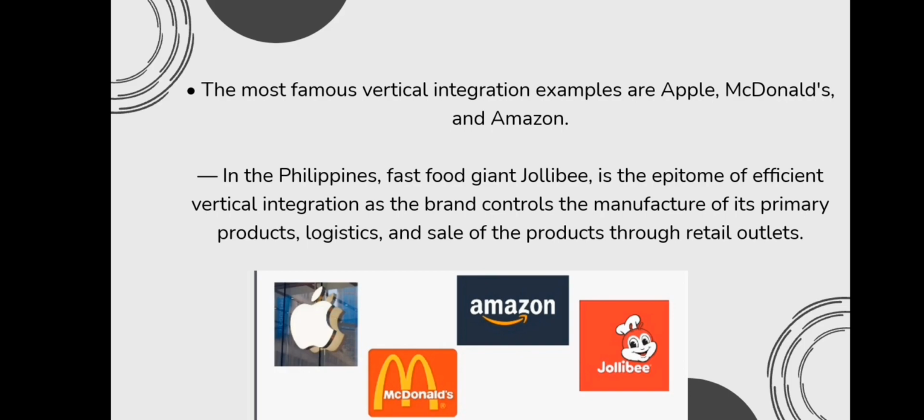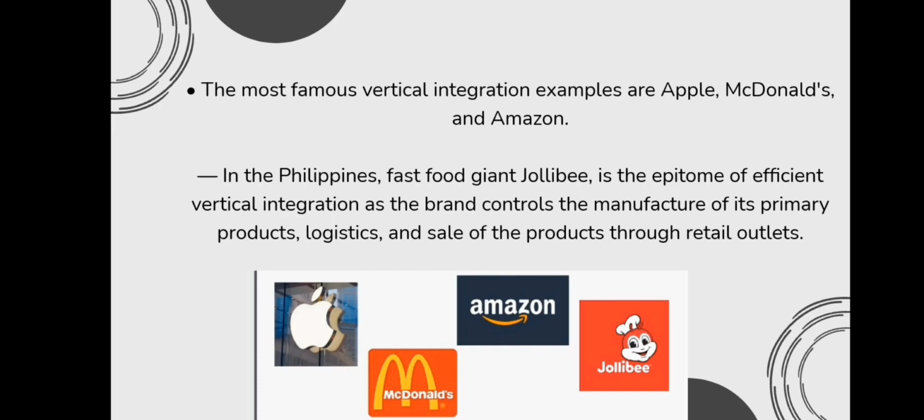So the most famous vertical integration examples are Apple, McDonald's, and Amazon. In the Philippines, fast food giant Jollibee is the epitome of efficient vertical integration, as the brand controls the manufacture of its primary products, logistics, and the sale of products through retail outlets.